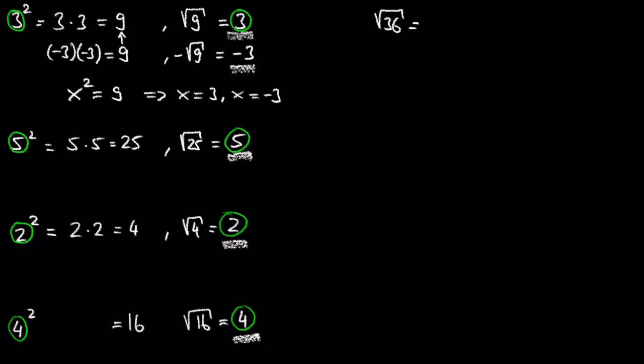The square root of 36 is 6, because 6 squared is 36. What is the square root of 81? The square root of 81 is 9, because 9 squared is 81.